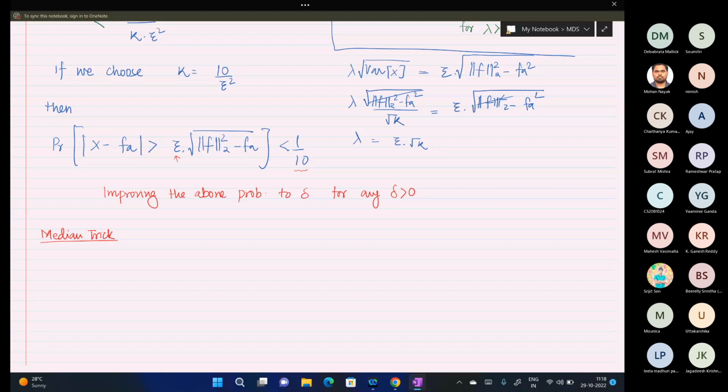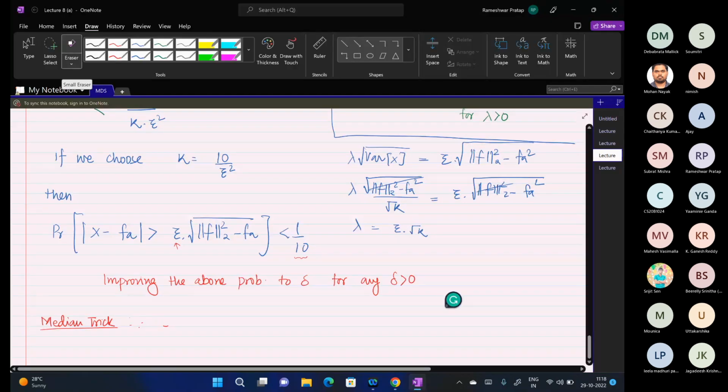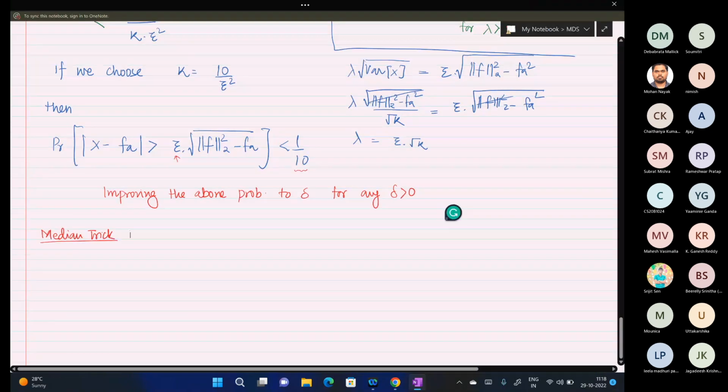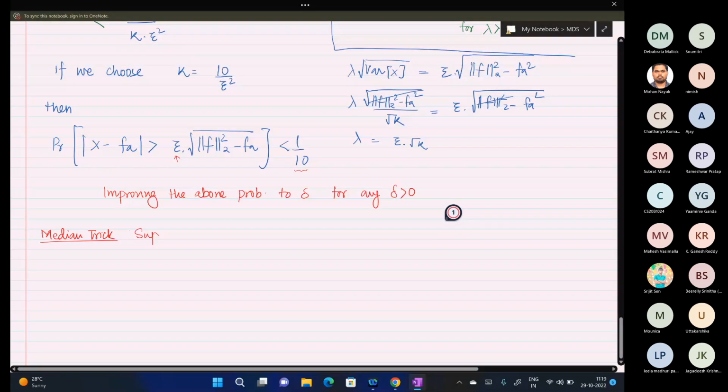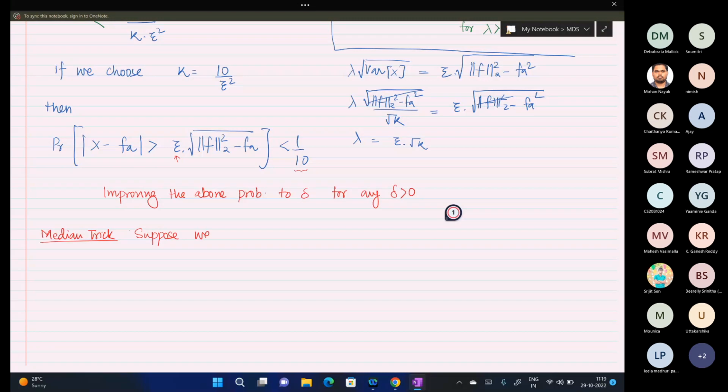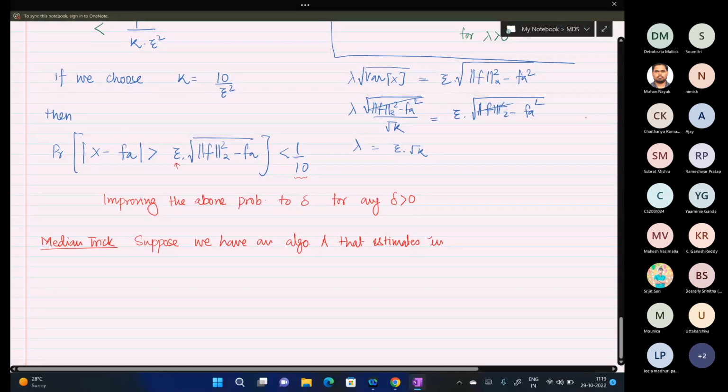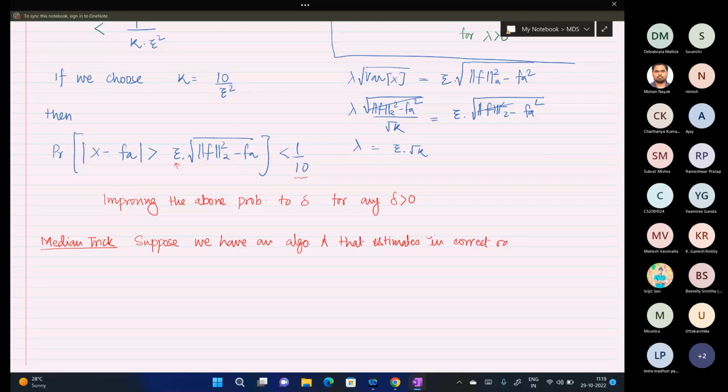So the median trick says that if we repeat, I'll just state it, suppose we have an algorithm A that estimates a quantity in the range of epsilon.